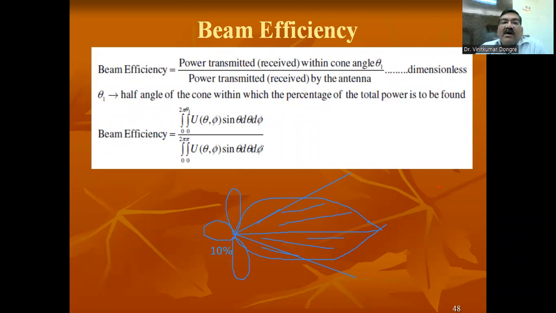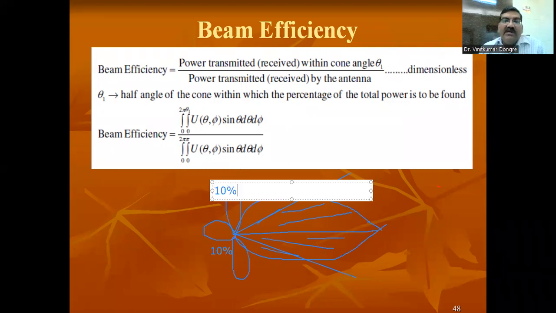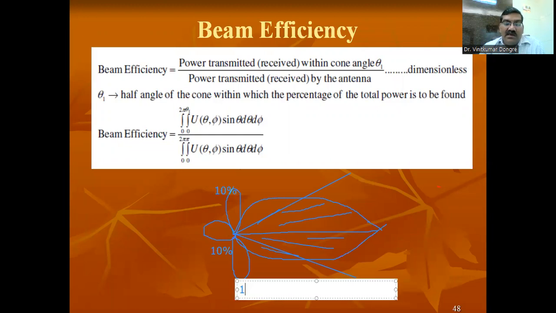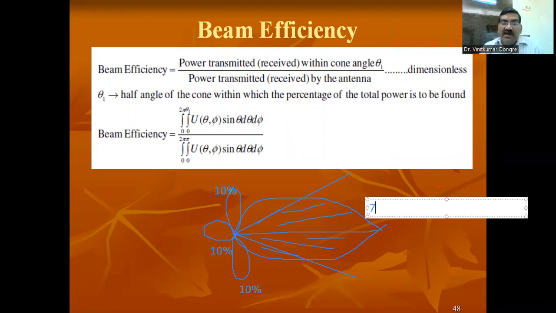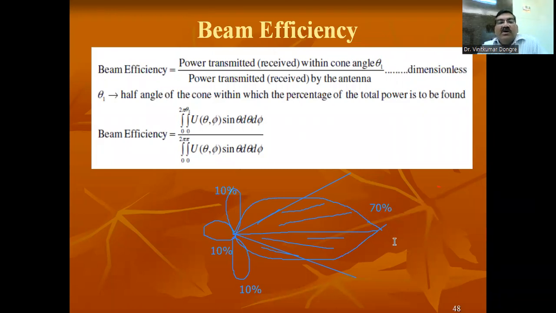The upper side lobe has 10%, the lower side lobe again 10%, and my back lobe has 10%. So what remains? 70% remains in the front lobe. So what will be the antenna beam efficiency?